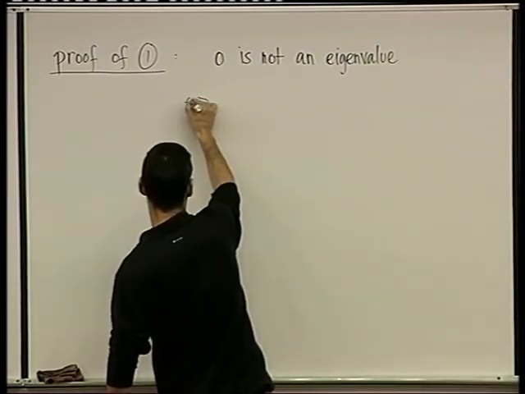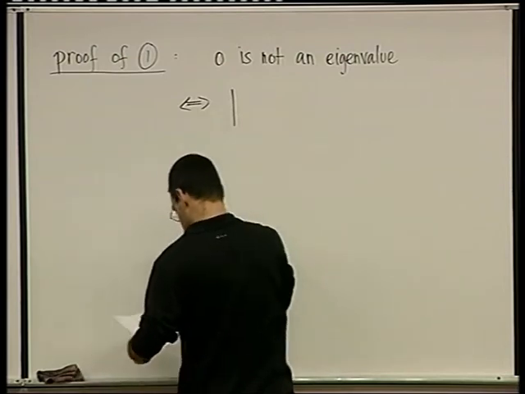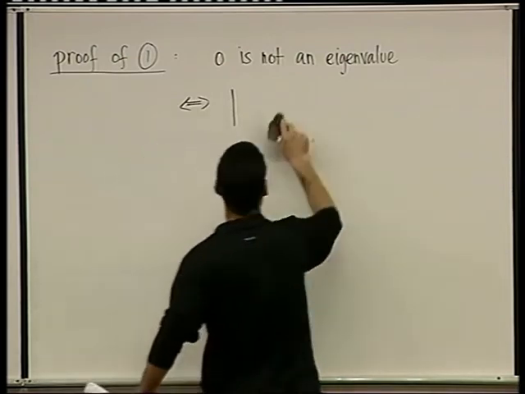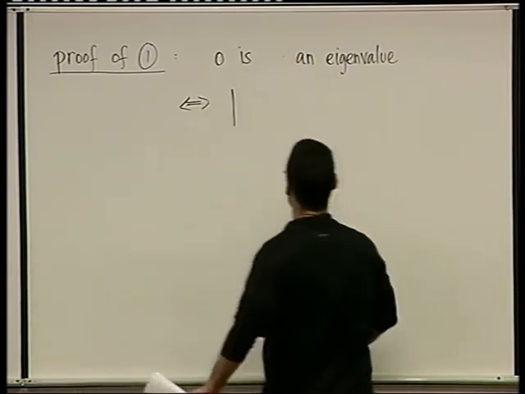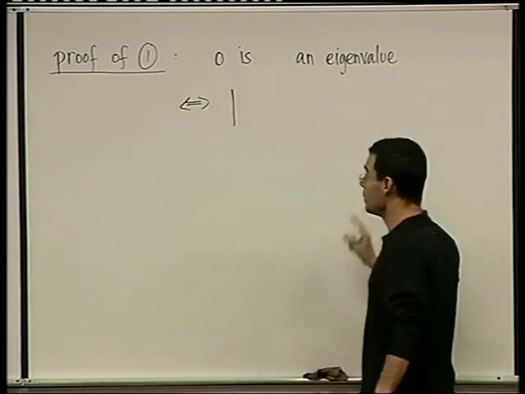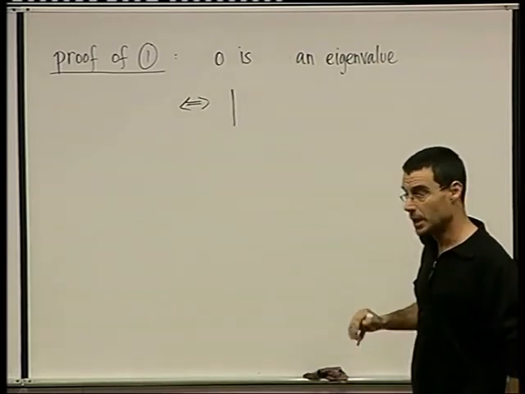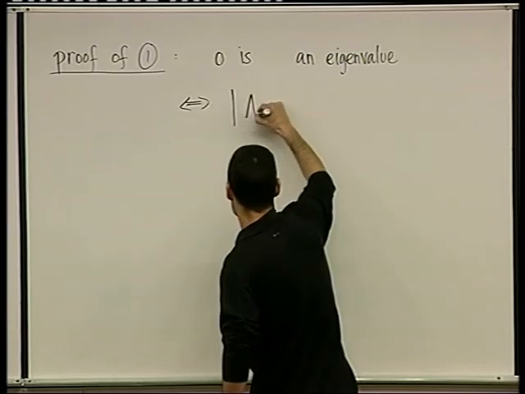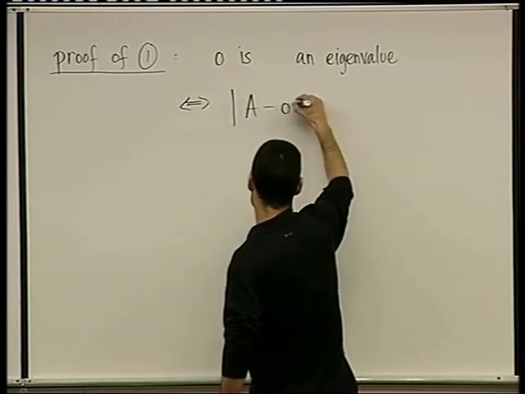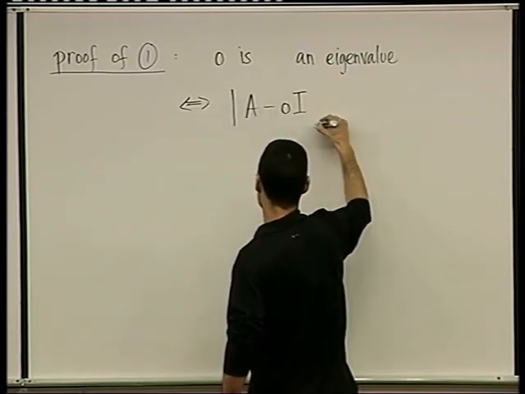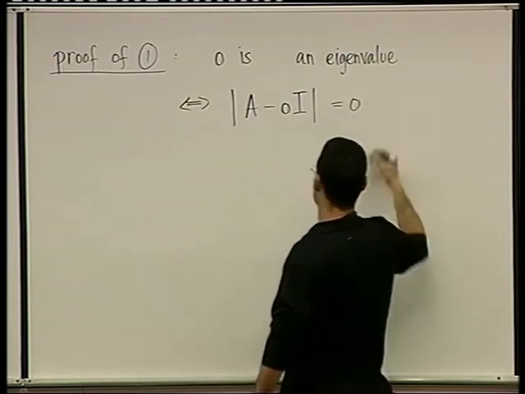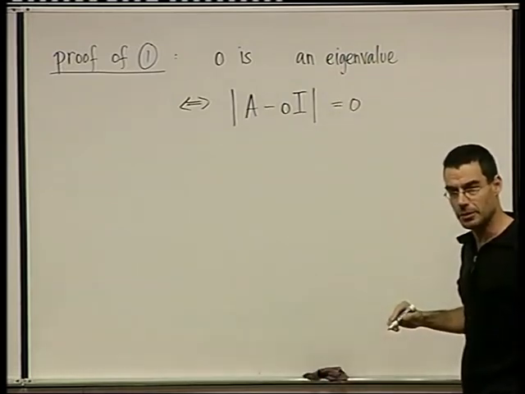If and only if the determinant, or let's say it differently, 0 is an eigenvalue. 0 is an eigenvalue if the determinant of A minus 0I is 0. That's what it means to be an eigenvalue, right?